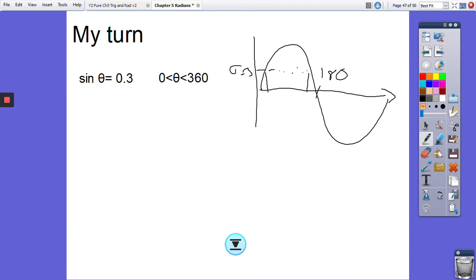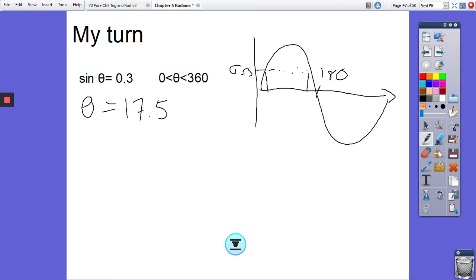So let's go to our calculator again. Make sure we're in degrees, not radians here. Principal value of 0.3 is theta equals 17.5.